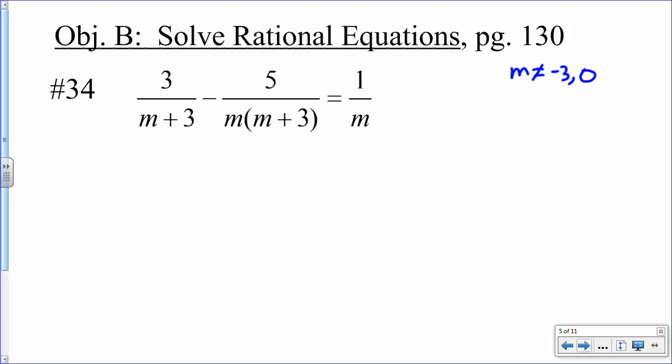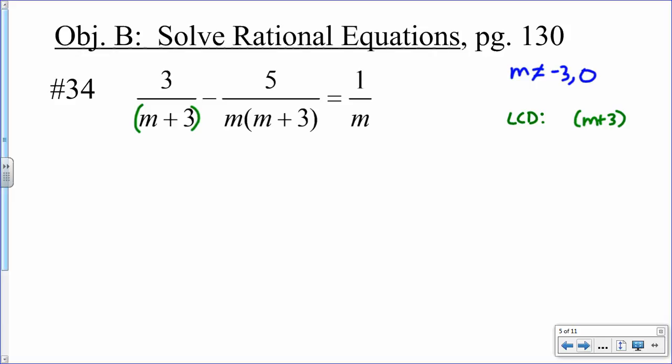Okay. So what I want to do, just like when I solved linear equations with fractions, if I multiplied through by the LCD, then it cleared my denominators. So I want to multiply through by the LCD so I get rid of the denominators. So the LCD, first of all, I need an m plus 3.